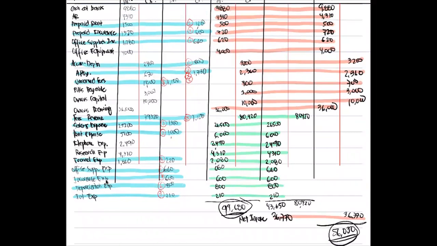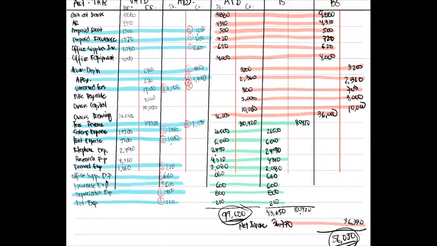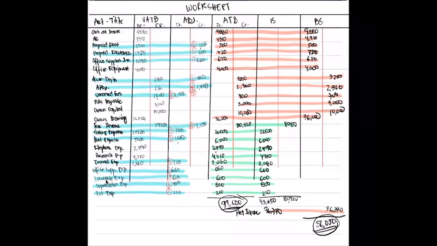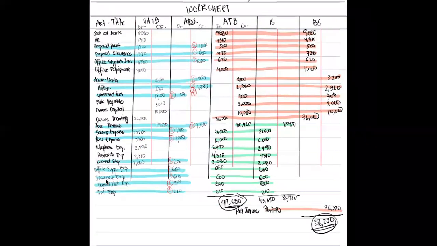Okay, 56,030. So did you follow the process of our worksheet? We did it one by one, starting from the unadjusted trial balance. We prepared adjusting entries. Then we posted them. We have keying. So that keying is based on the keys in our adjusting entries. So we keyed them from 1 to 8.